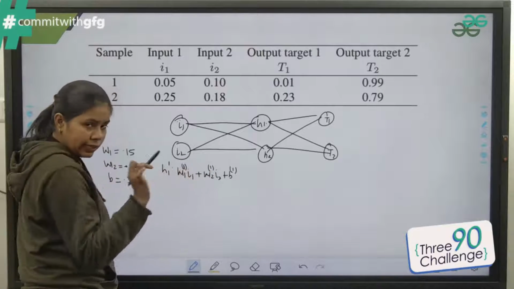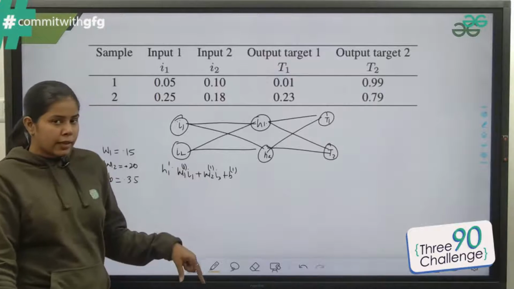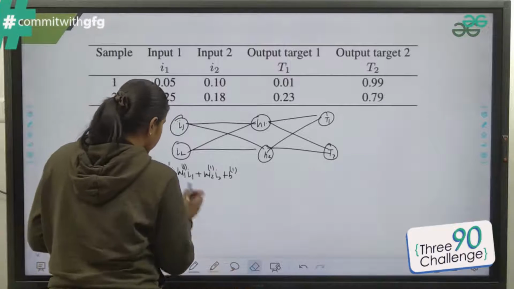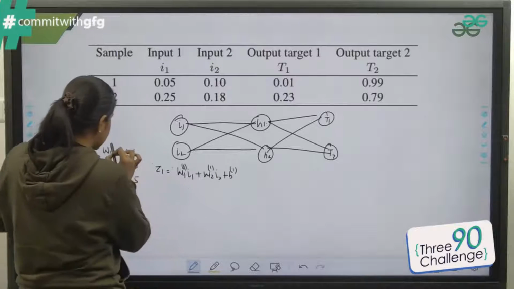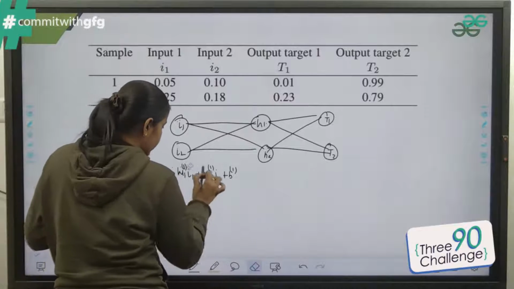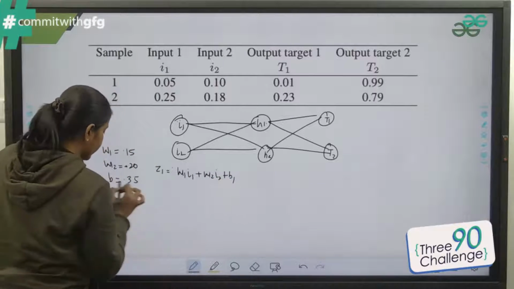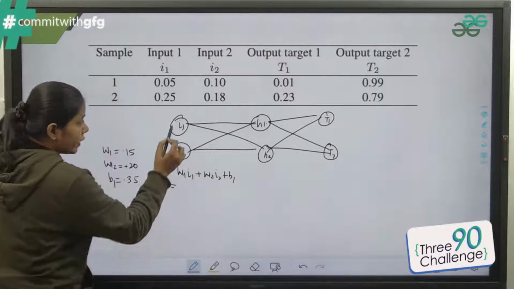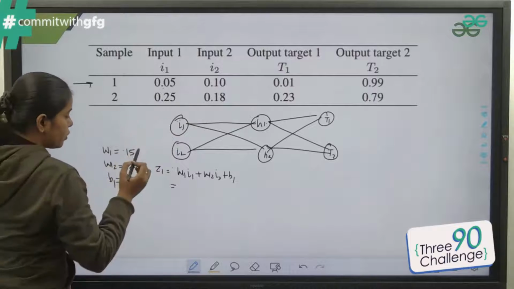I'll get this H1 dash, because after that I'll apply the sigmoid function. Instead of H1 dash, let's call it Z1, from W1, W2 and B1, right? For the first sample I have I1 as 0.05 and I2 as 0.10.